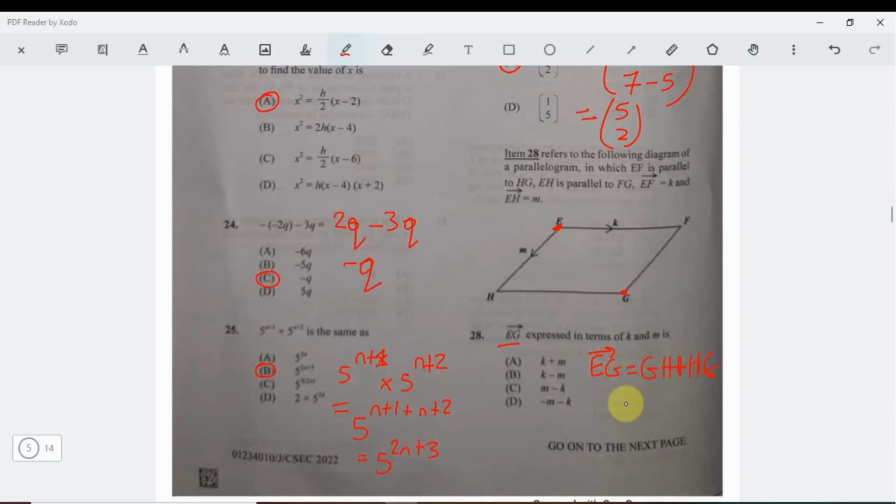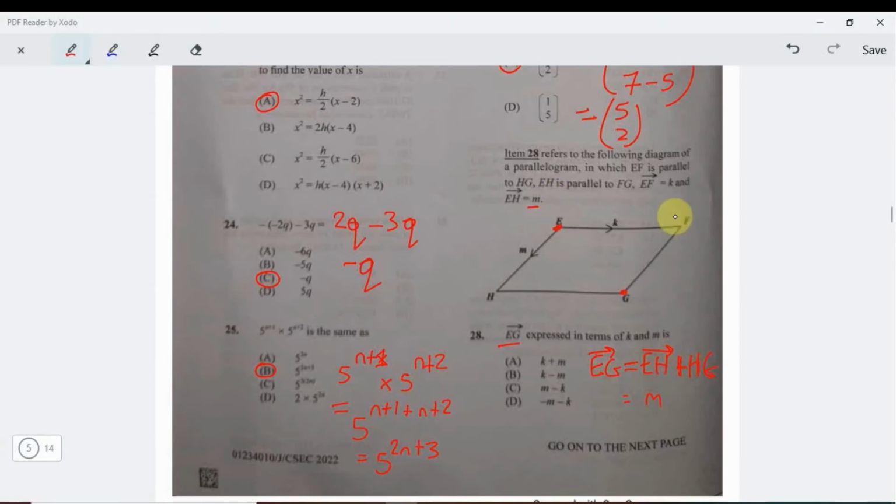This is a plus. Now going from E to H, sorry, I'm just not writing the right thing here. My sincere apologies. We went from E to H here. Alright. Now, as we go from E to H, they told us E to H is M. And after we go from E to H, we then go from H to G. But they told us what?